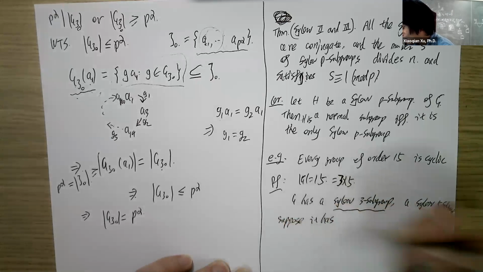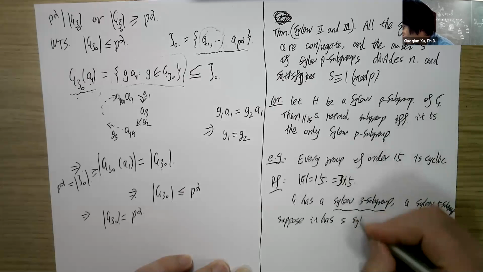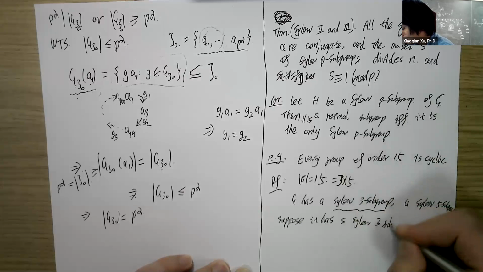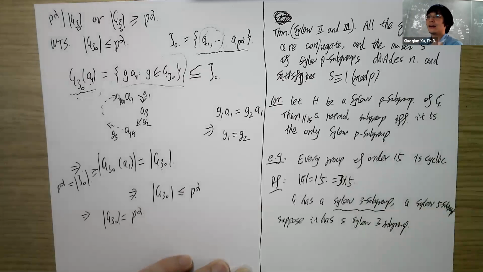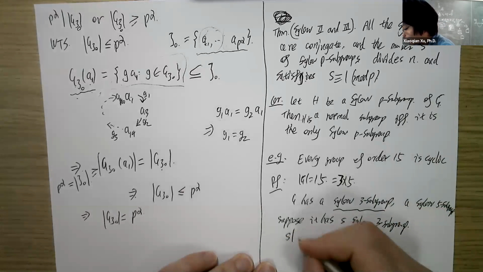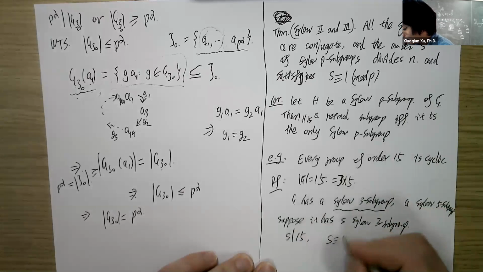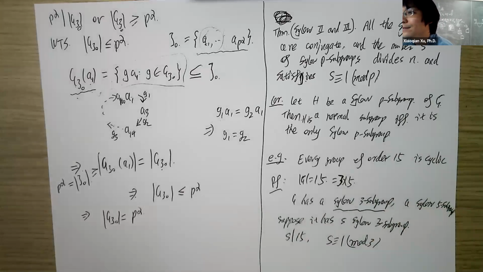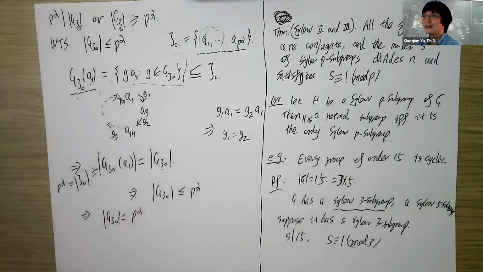Suppose it has S Sylow 3 subgroups. Then we know that S divides 15 and S mod 3 equals 1. Right? So the only factors of 15 are 1, 3, 5, 15.